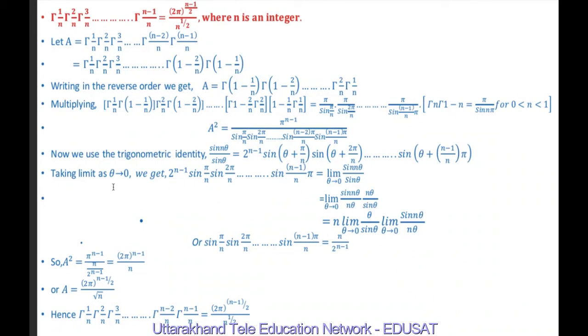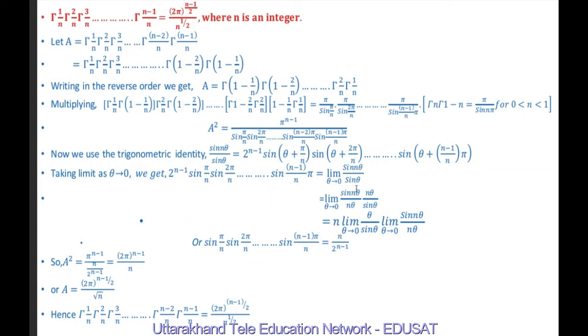If we take the limit as theta tends to 0, then this will be 2^(n-1) sin(π/n), sin(2π/n), up to sin((n-1)π/n). And this side we have the limit as theta tends to 0 of sin(nθ)/sin θ, and we know how to evaluate this limit. We will divide and multiply by nθ, because we know that sin θ/θ is 1 as theta tends to 0.